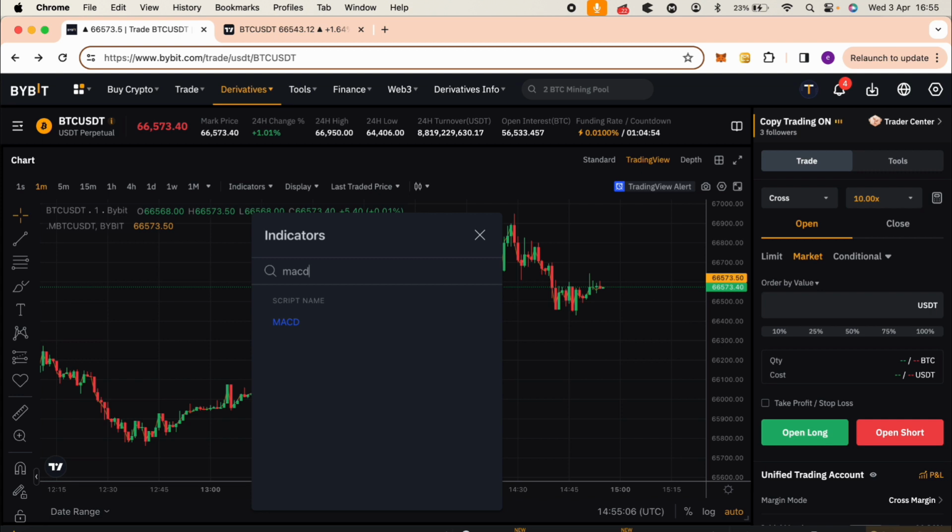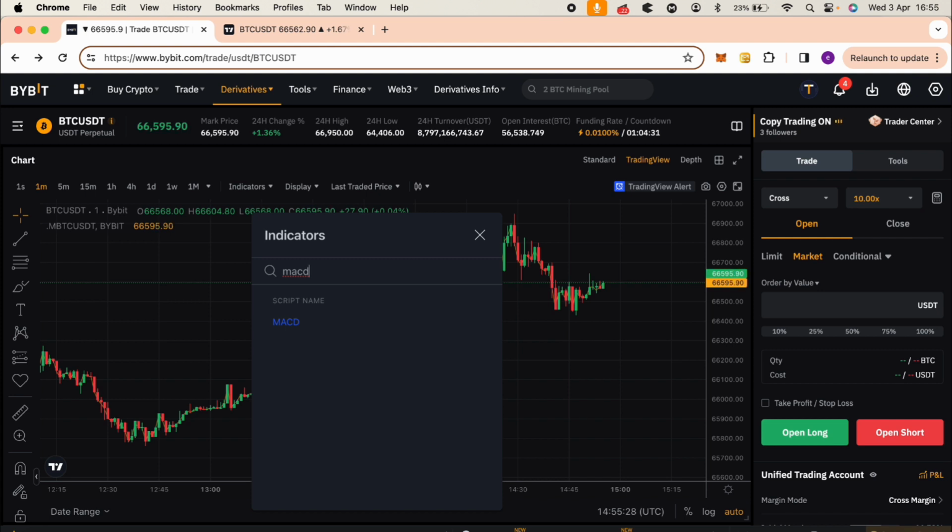MACD. That stands for Moving Average Convergence and Divergence. That basically is the indicator that is used to identify momentum. It's basically the indicator that gives us the signal when we have to buy and when we have to sell.